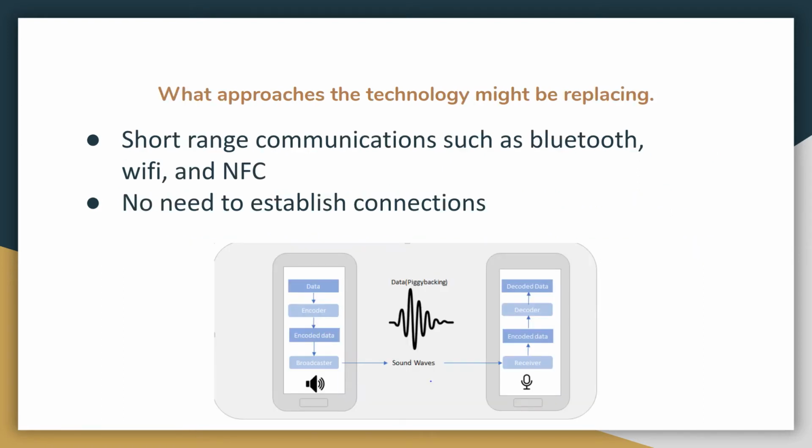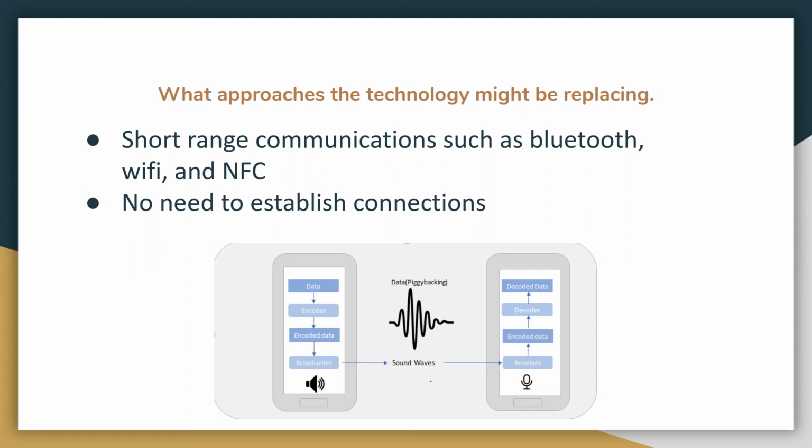The interesting part about ultrasonic communications is that it's an old technology, but very new to data communication. In the future, it's primed to replace technologies such as Bluetooth, Wi-Fi, or near-field communications, NFC. These types of communications are perfect for ultrasonic because of the distance and the type of data needed to transfer.